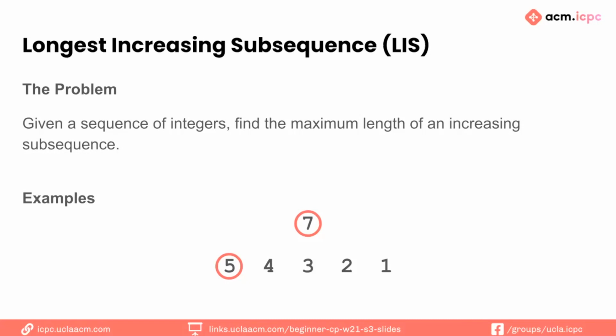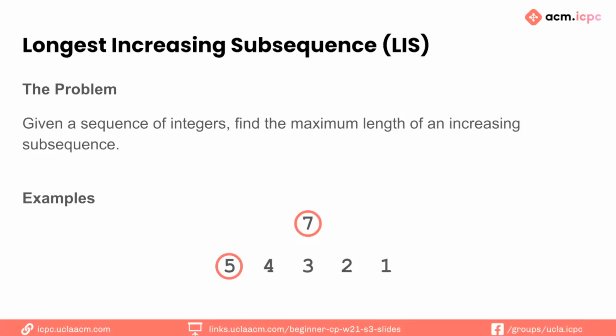If you choose 5, then the length of the subsequence is 1 plus the next case. Well, for 5, the subsequence is 1, obviously, because there's only one possible subsequence.